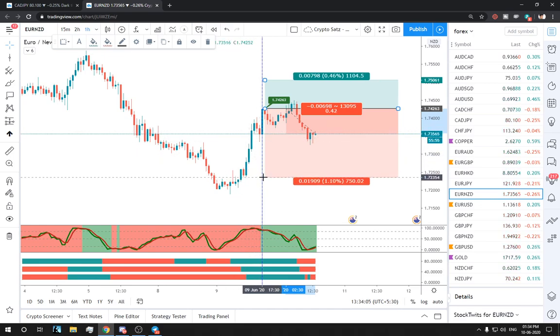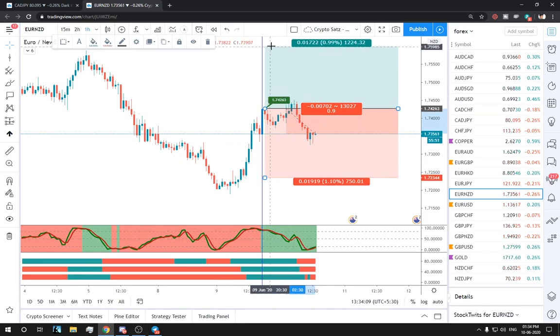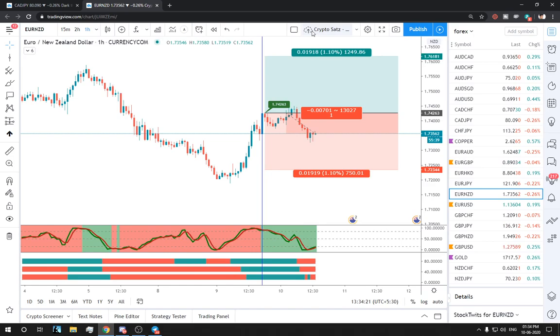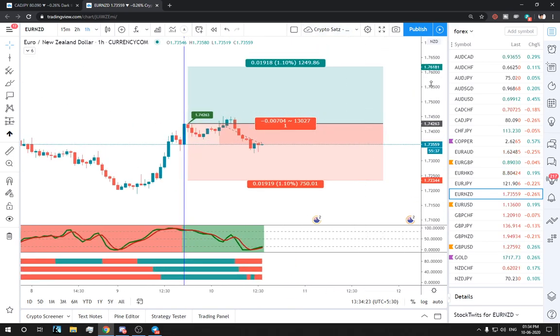So this is a stop loss, 1.10%, and my targets are this. So we'll come back tomorrow to review this trade.